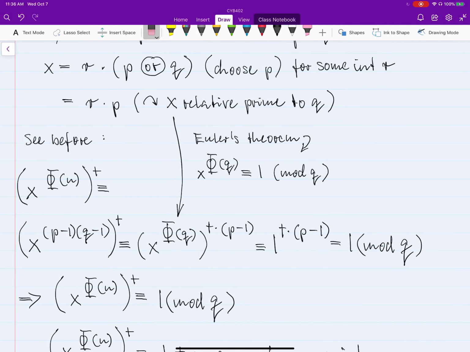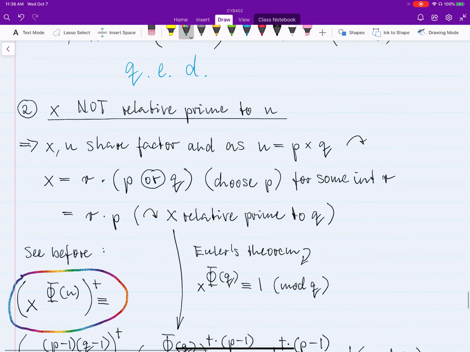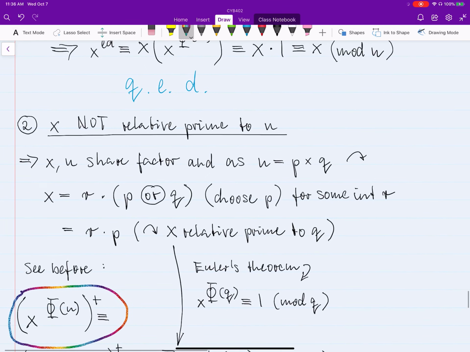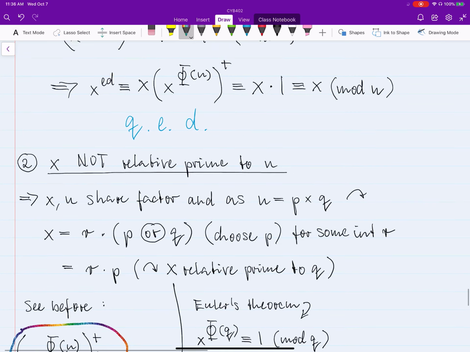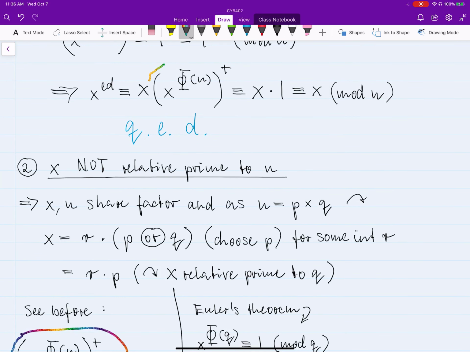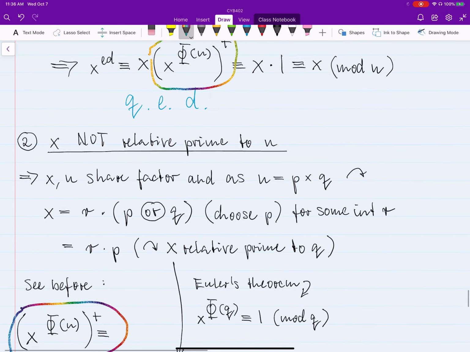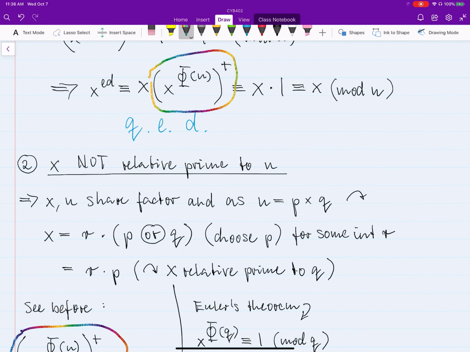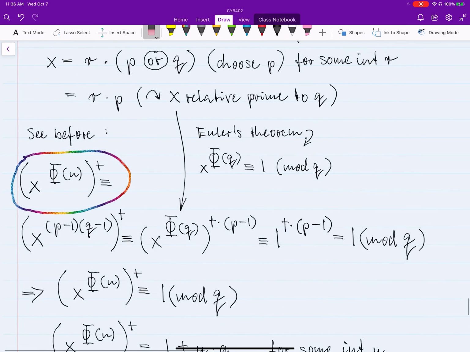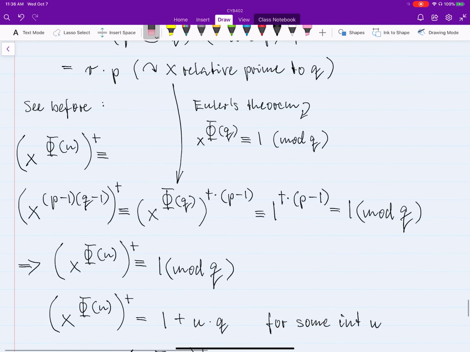So remember the expression that we were interested in before? This guy here needed to be 1. Remember that? So we have it up here. So this needed to be 1. So we need to look into that again, but this time in the context of x not being relative prime to n.